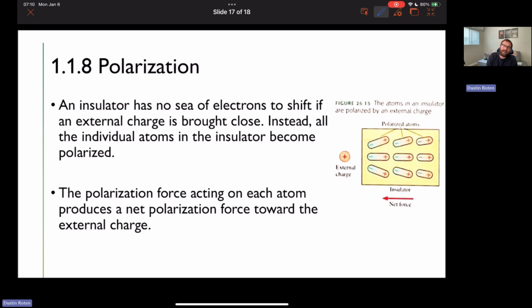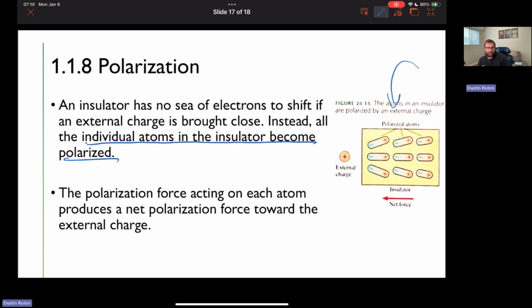So an insulator actually has no sea of electrons to shift, because remember, they're all tightly bound. So if an external charge is brought close, instead of a big shift, what you get is individual atoms in the insulator become polarized. You don't get all the electrons moving to one side, but each individual atom sort of turns a little bit and tries to align to that external charge.